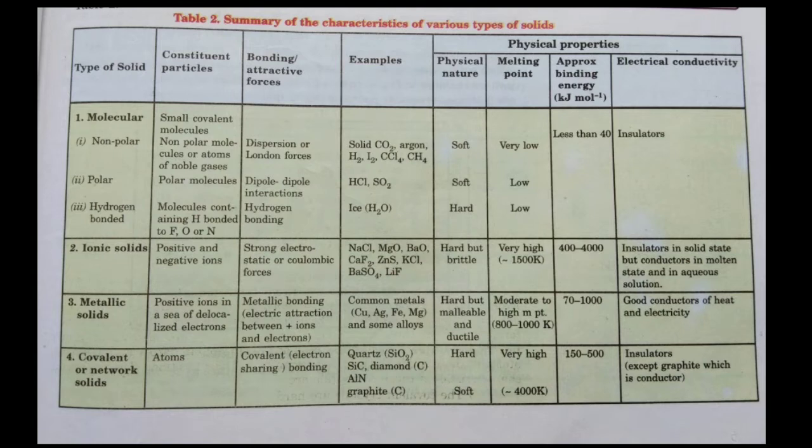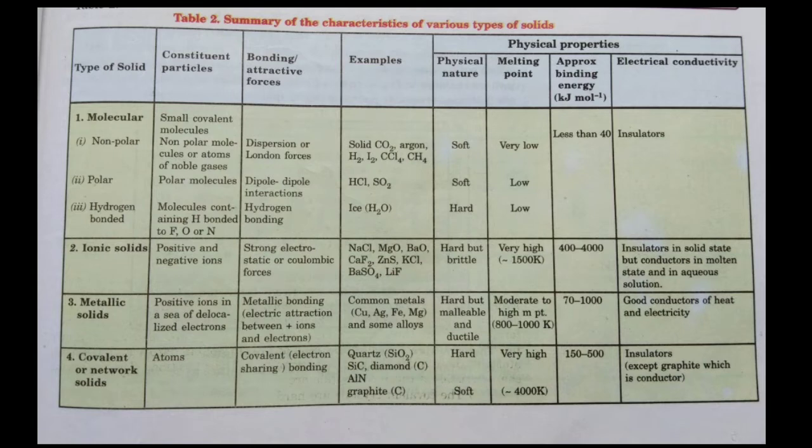The third one is the metallic solids. They are held together by metallic bonding, that is the electric attraction between the ions and electrons. So examples like common metals such as copper, silver, iron, magnesium and some alloys.